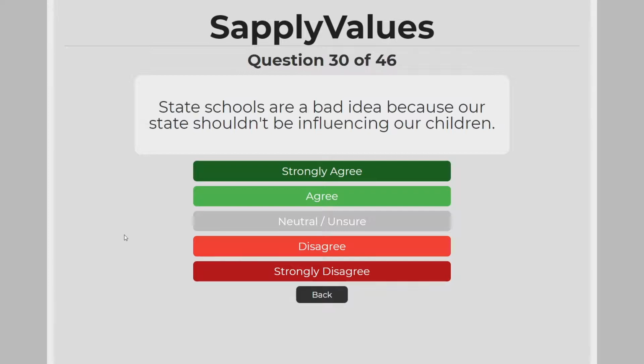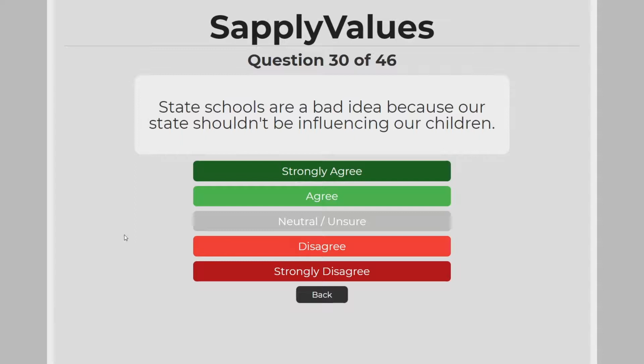State schools are a bad influence because our state shouldn't be influencing our children. So is this opposed to a national school system? Because a school system in itself is going to be influencing kids no matter what. And the state schools aren't going to be much better. If you have a nationalized school system, it's going to skew the entire United States, let's say American history, in one way.